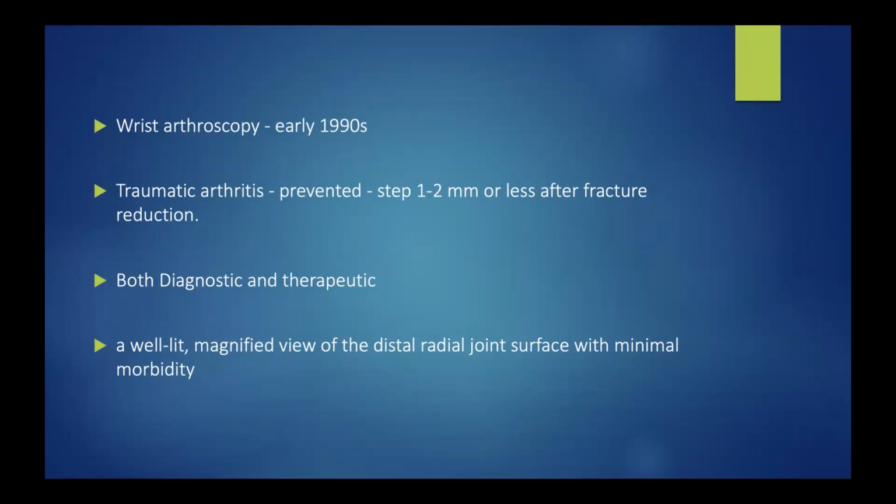There is enough evidence in the literature to suggest that if there is more than 1 to 2 mm incongruity at the articular surface, there is an increased propensity to develop post-traumatic arthritis. Arthroscopy in fracture fixation can be used as both a diagnostic and a therapeutic tool, and it gives us a well-lit, magnified view of the distal radial joint surface with minimal morbidity.